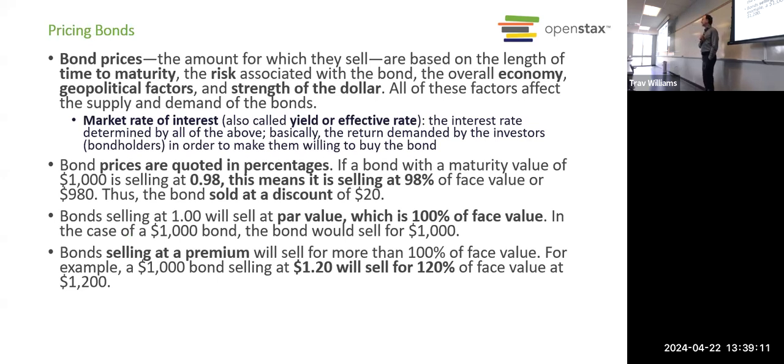Okay, so bond prices, as I told you, they go up when interest rates go down. Yes, and they go down when interest rates go up. See, I have to stop and think about it sometimes because it does get confusing. Okay, so bond prices, they are influenced by a number of things.